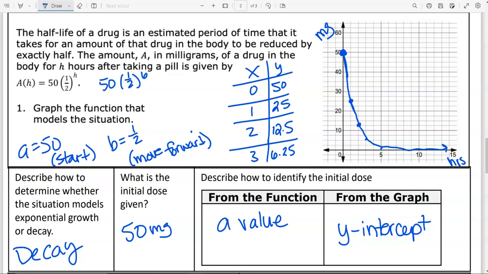Let's do this. I'm going to use decimals. 0.5 raised to the power of 6 is 0.015625. I'm going to multiply that by the 50 milligrams, and I have 0.78 milligrams. So after 6 hours, out of the original 50 milligrams, I have 0.78 milligrams left.